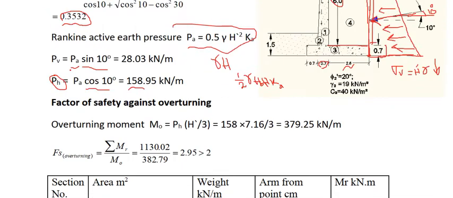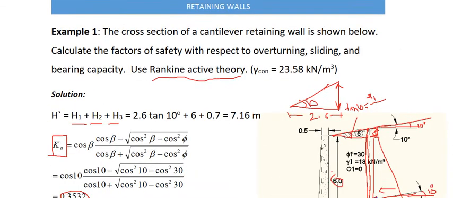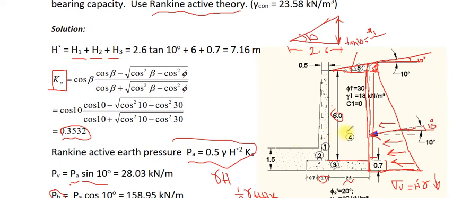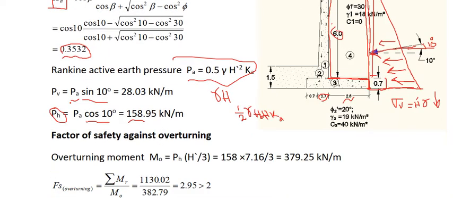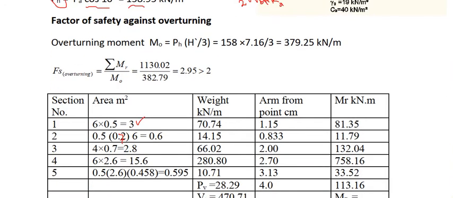Section 4 is the width of the base, 2.6 meters, multiplied by the height. Height is 6 meters. This is section 4.